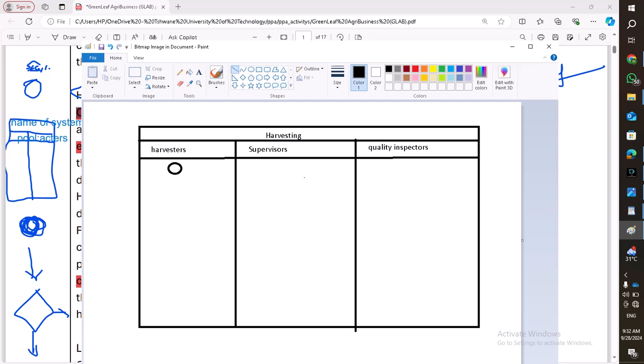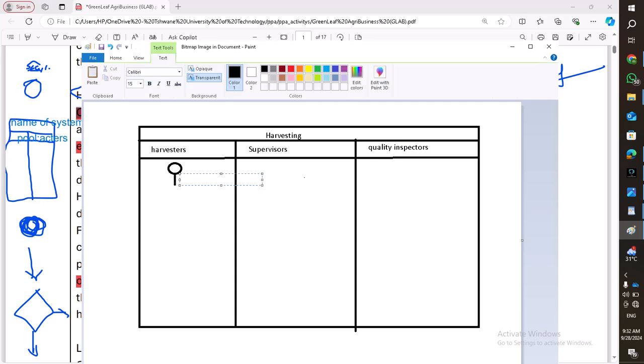Then the crops, and then we'll say the crops are harvested.